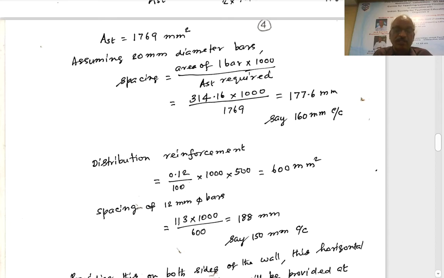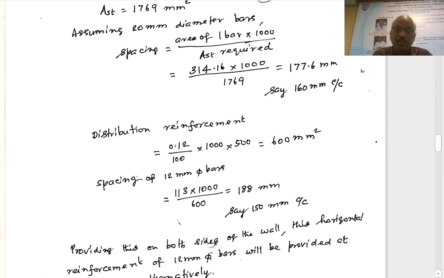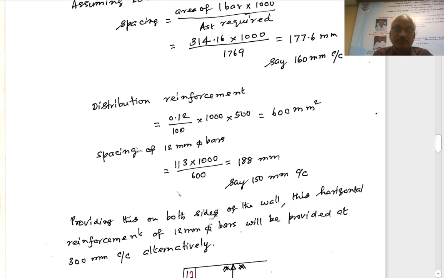The area of 1 bar is 113 mm square, pi by 4 into 12 square, into 1000 by Ast required. That gives 188, let us say 150 mm center to center. Now the wall is considerably thick, 500 mm thickness at the bottom. Therefore, the distribution reinforcement will have to be provided on both sides.